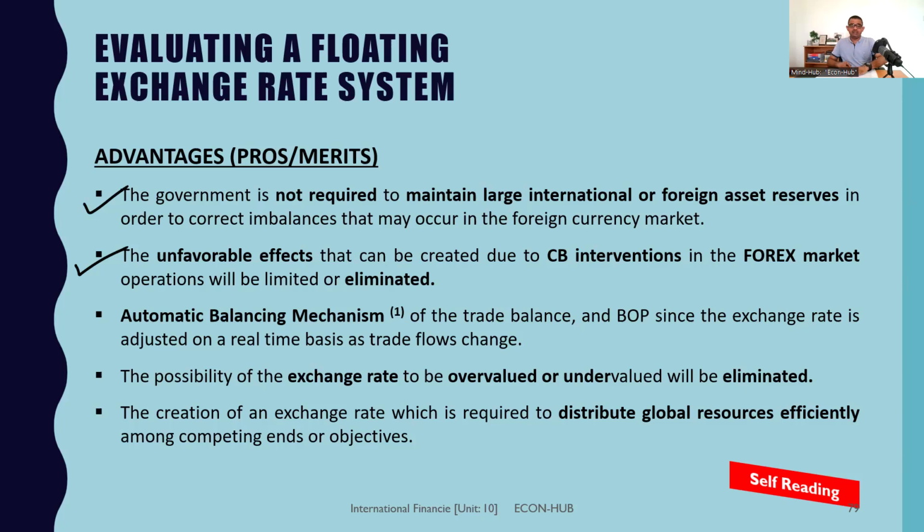Because we believe in a free floating system with absolutely no government intervention. That's why we say free floating, free of government intervention. Demand and supply will purely decide the exchange rate. Demand is mainly the import side, supply is the export side.